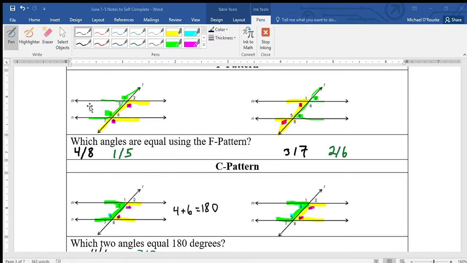So what's X equal? Well, if I take a look here, I can make a Z pattern right here, right? So I can write X equals 110 degrees, and I go Z pattern.